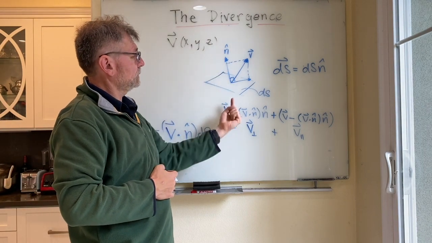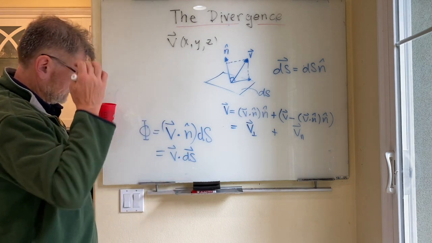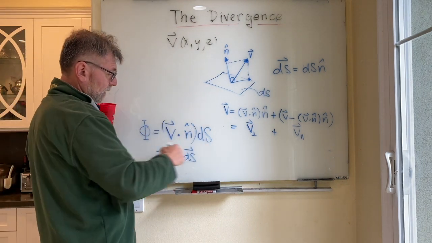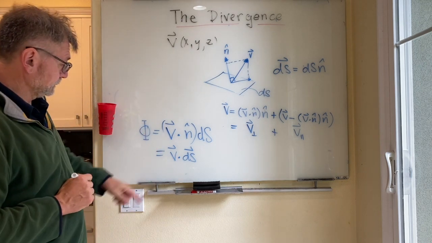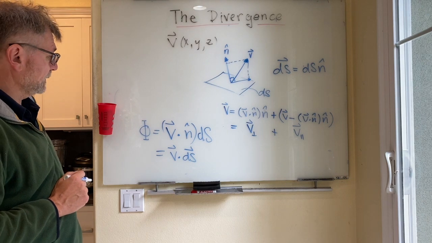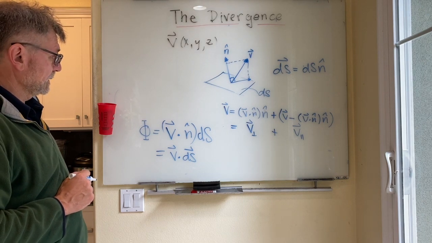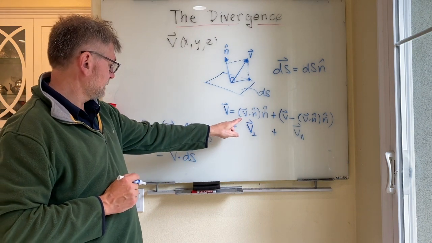So it's in the direction perpendicular to the surface, and the magnitude is proportional to the area. So this is the flux through the surface, and this is how you can express it in terms of the little surface patch area. This part here, v dot n hat, is just this bit.